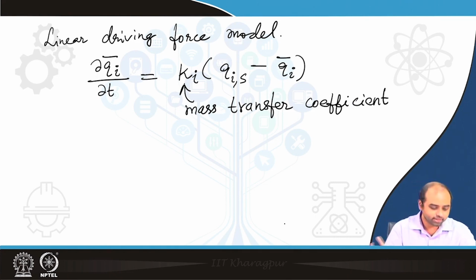So, you can have several bed models where, based on the different assumptions or the bed properties, this mass transfer coefficient has been already reported or it is calculated. So, this is the basis of the linear driving force model.